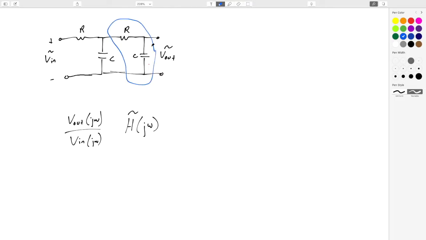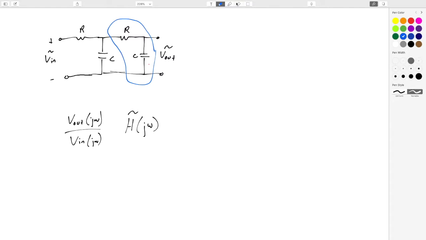This is a voltage divider in the complex domain. It's going to be 1 over j omega C over R plus 1 over j omega C. That'll be the output voltage here as a function of whatever this input voltage is. But we don't know that input voltage, and what further makes it complicated is that the voltage here we would calculate is actually going to be a function of all of these together, and then this.